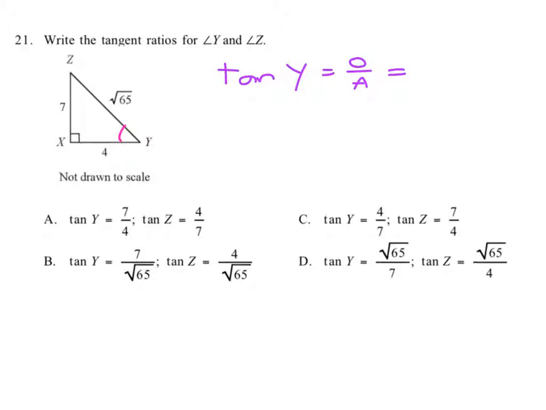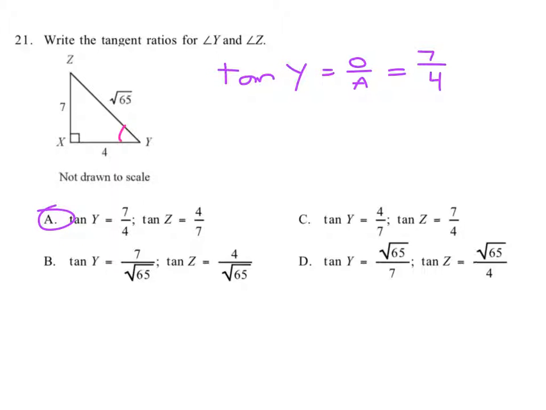What is opposite of angle y? 7. What is adjacent to angle y? 4. So that's what you should get. You should get tangent of y is 7 over 4.